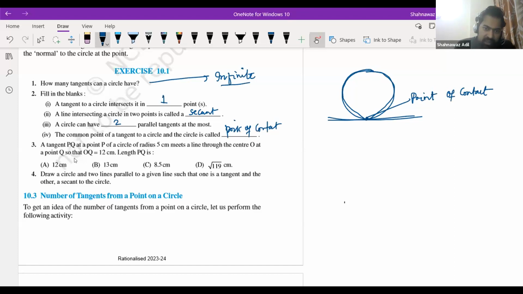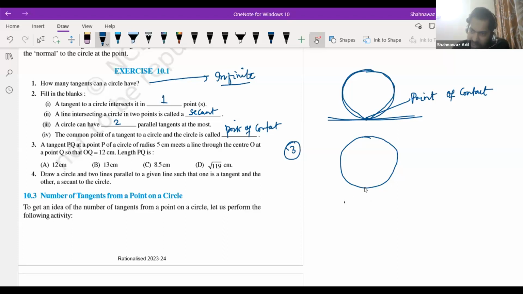Now, the third question is: a tangent PQ at a point P of a circle. So we have this tangent at a point P of the circle.